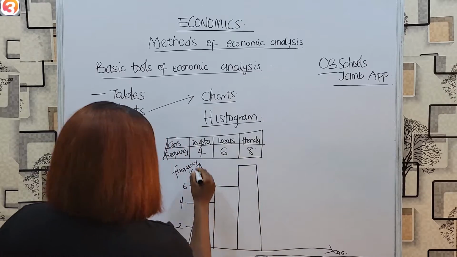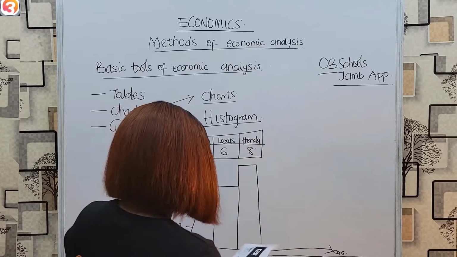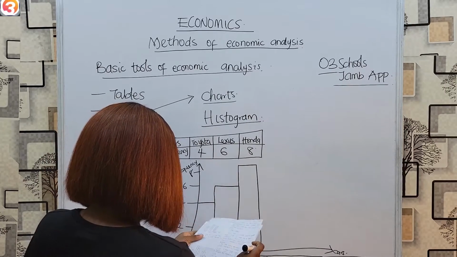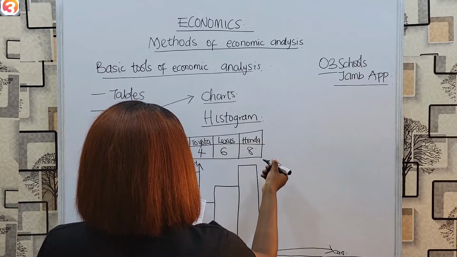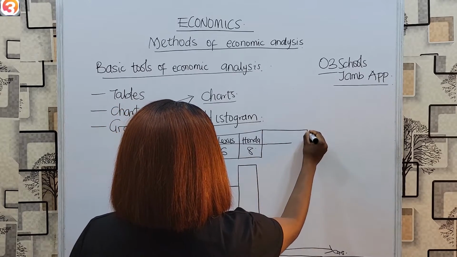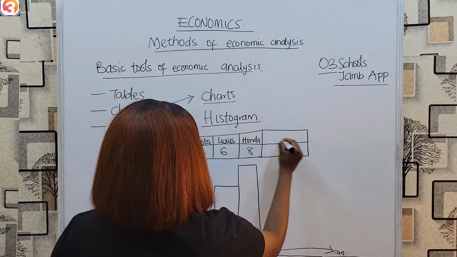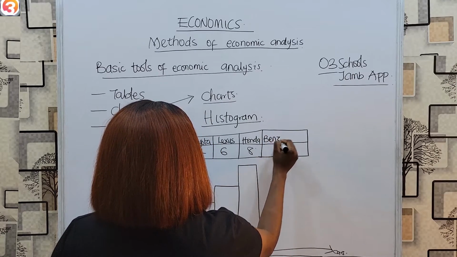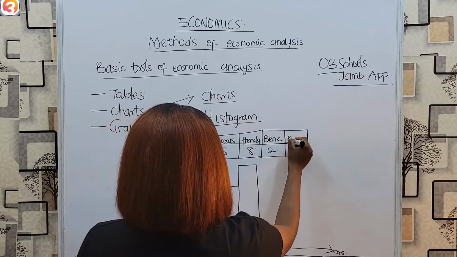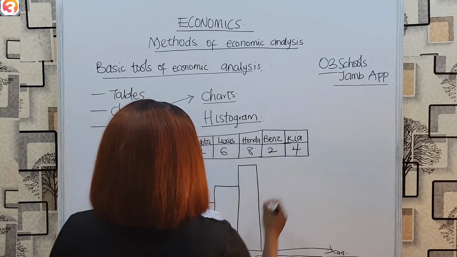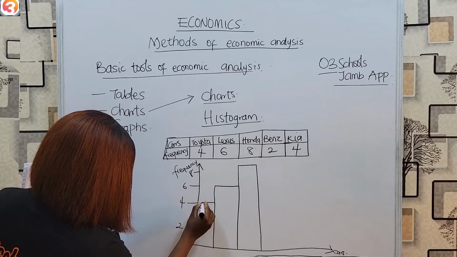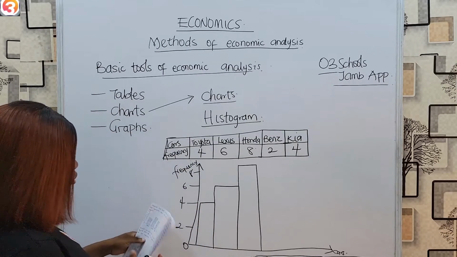Forgive my drawing. Okay, let's add a little more from the questions we have here for a histogram. We have the Benz, 2, and we have the Kia, which is also 4. Oh, sorry, made a mistake over there.